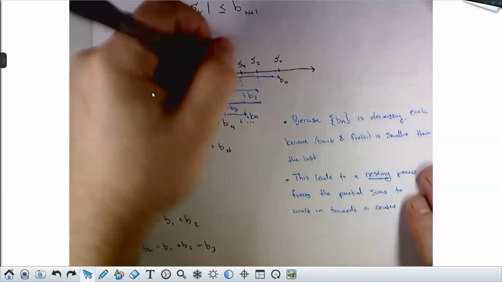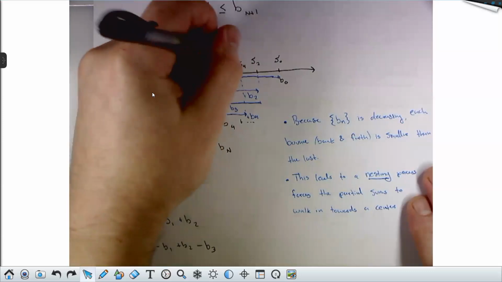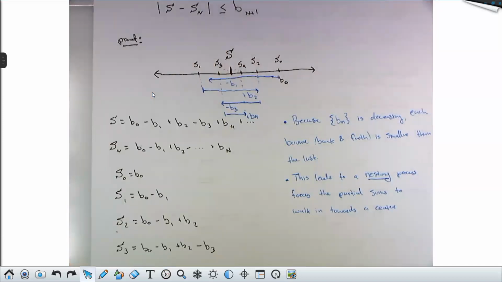So eventually, after this process continues, you're going to go towards something in the middle there, and that something in the middle would be the limit of the SNs, which is the full infinite series S.